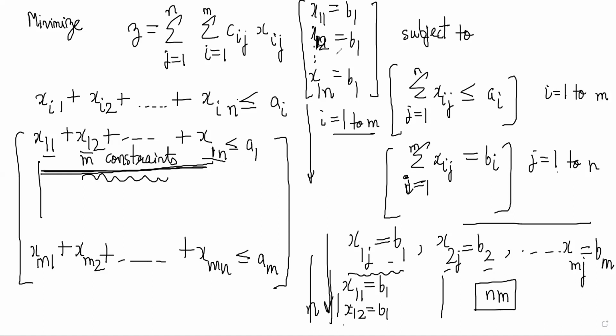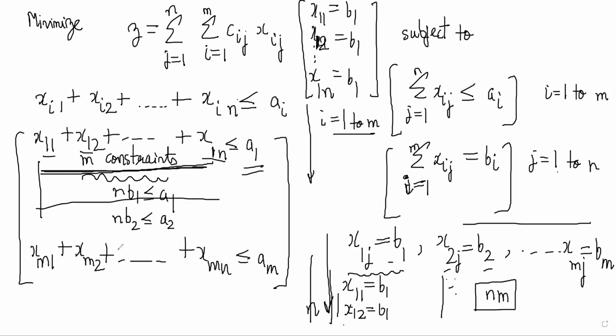So you are saying basically, if you combine both the constraints, you're saying that n times b1 is less than or equal to a1, right? And similarly, 2,1, 2,2, those will come in the second row. If you combine these two constraints also, you'll get another equation, n times b2 is less than or equal to a2.